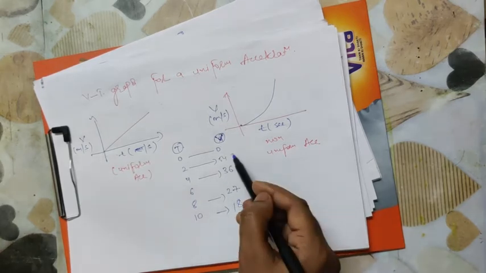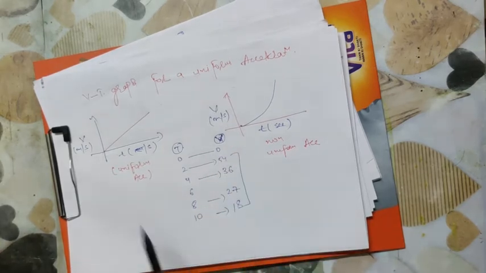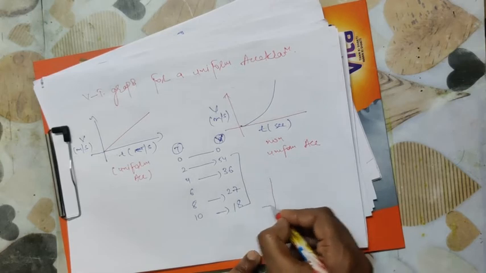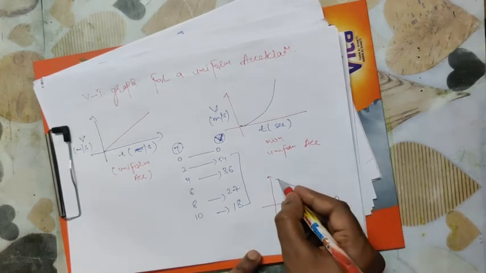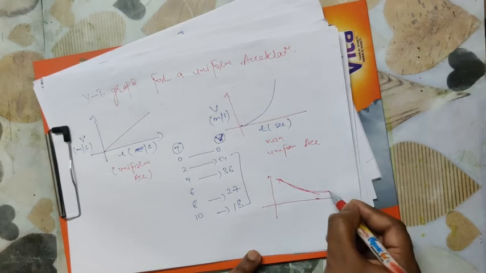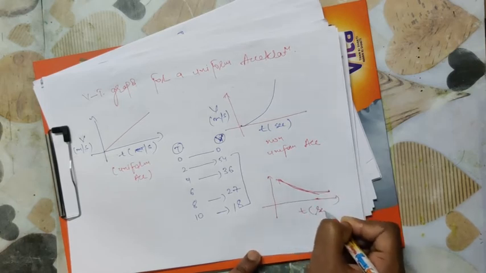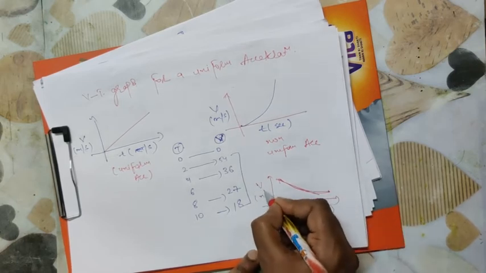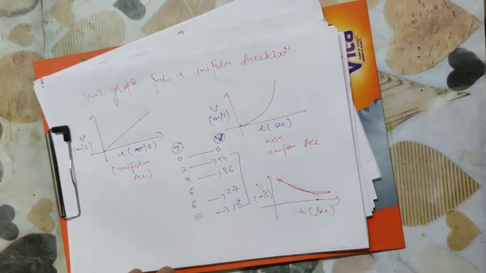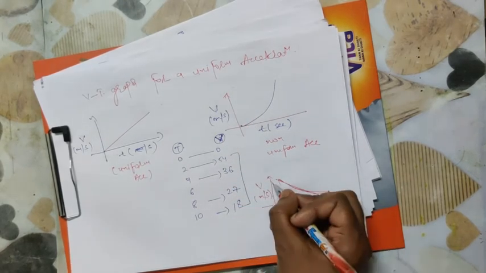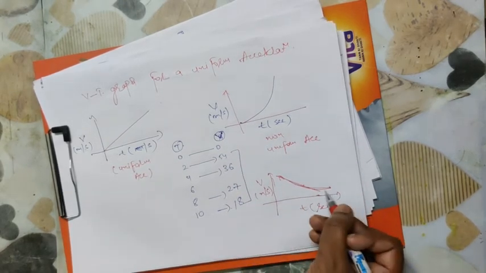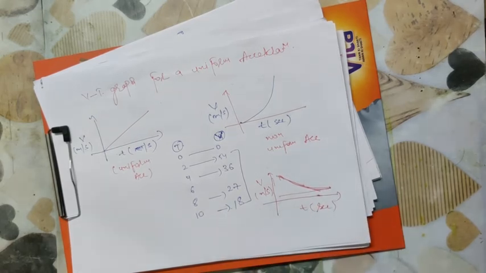So velocity is decreasing with respect to time. In that case your graph would be like this, uniformly or non-uniformly decreasing with respect to time, because time is here and velocity is here. So the velocity time graph would be decreasing with respect to time. This is called your graph.